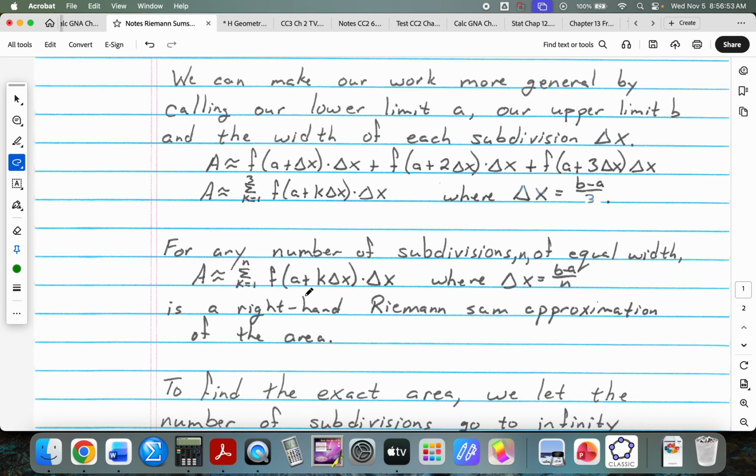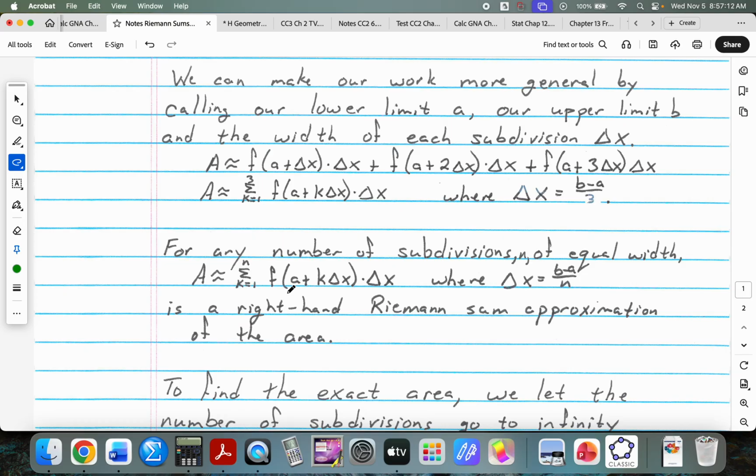So that on the first one, you're starting where k is 0, at the left-hand endpoint, and you're going to end just before you get to the right-hand endpoint. Okay, you can do that. There's nothing wrong with it.